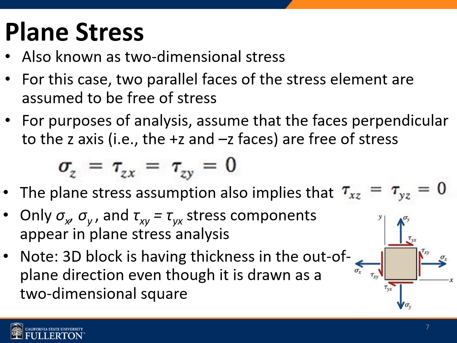Which means that we are only left with three stress components. One would be the sigma sub x, we have the sigma sub y, and the tau sub xy, which is equal to tau sub yx. They are equal.